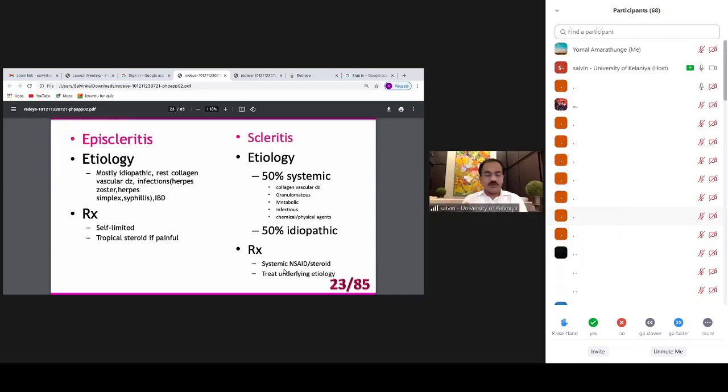When you see the patient, it could be inflammation, it could be infection, it could be bleeding inside the eye. Inflammation could be iritis or uveitis. Infection, endophthalmitis, toxoplasmosis, anything like that. And bleeding due to hyphema, as I explained to you.